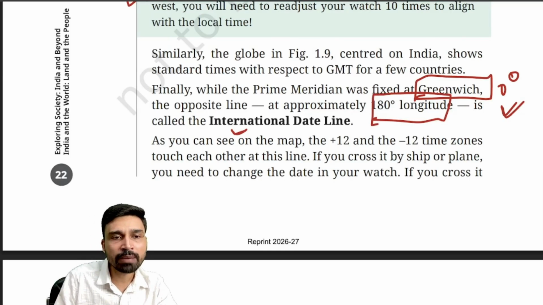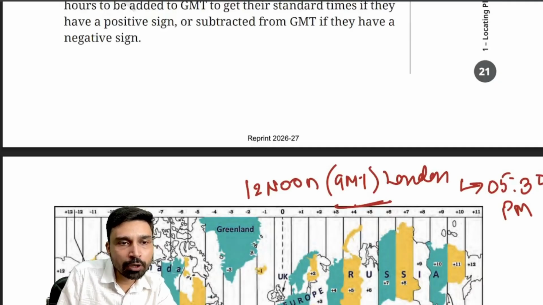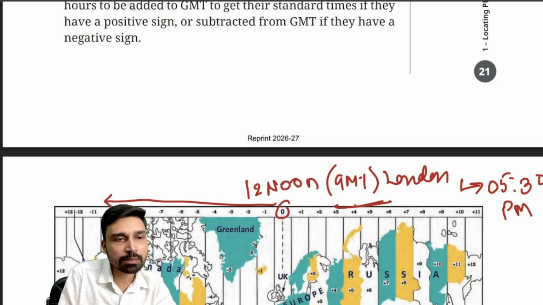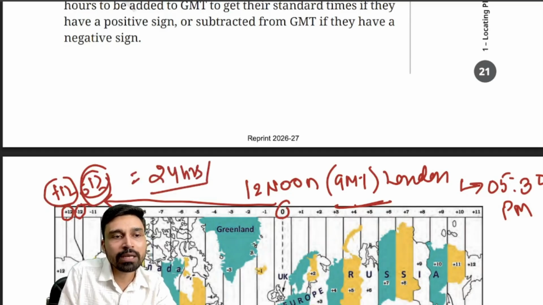Now, as you can see on the upper map, if you are moving from Greenwich Mean Time to the west, you have to keep on subtracting, so it is minus 12. And if you keep moving to the east, again you will reach the same place, but here you will have plus 12. So imagine just on this side of the line you are 12 hours ahead, and on the other side of the line you are 12 hours behind. That means the actual time difference here is 24 hours.